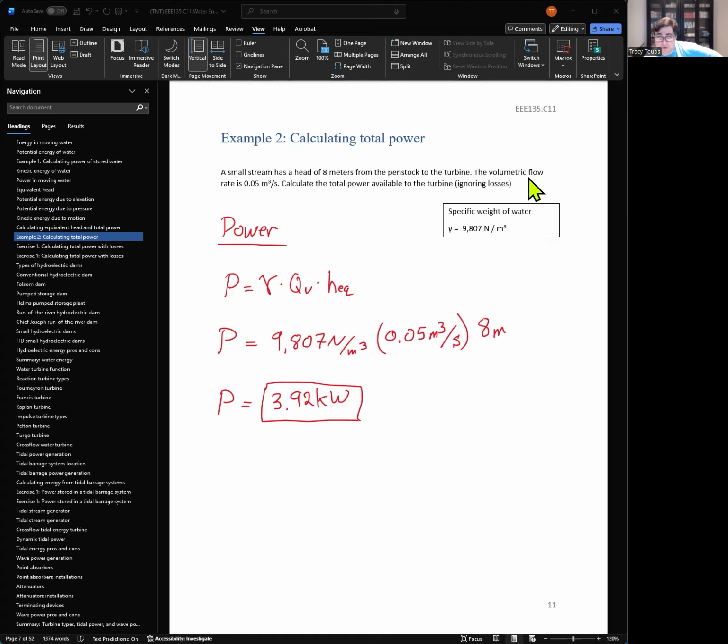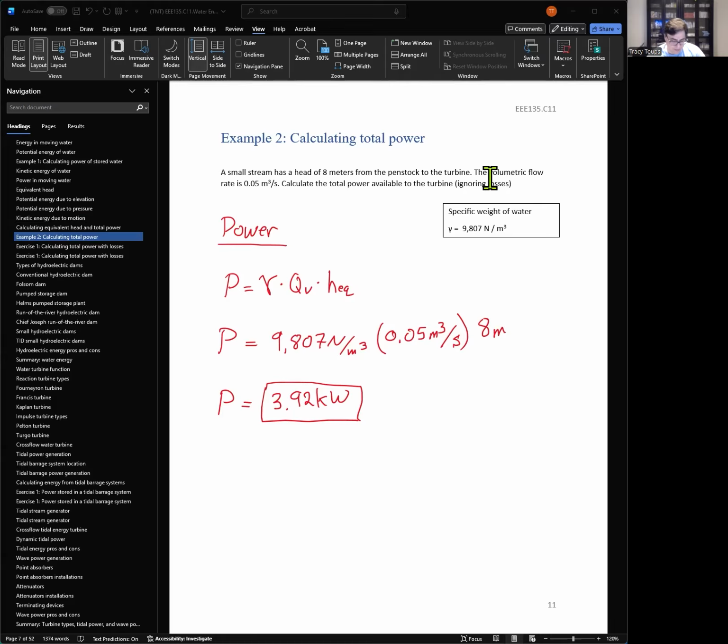The volumetric flow rate is 0.05 meters cubed per second. Calculate the total power available to the turbine. Okay. And maybe let me add this real quick. Let's say equivalent head, just to make sure there's no mistakes. Okay. And I think, yeah, we'll go with that.